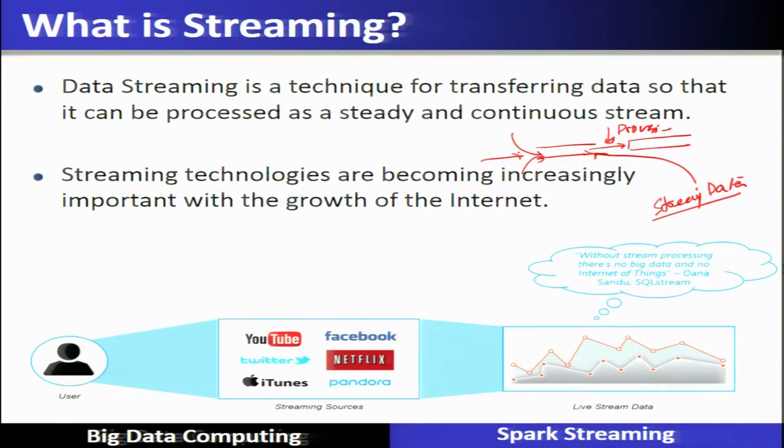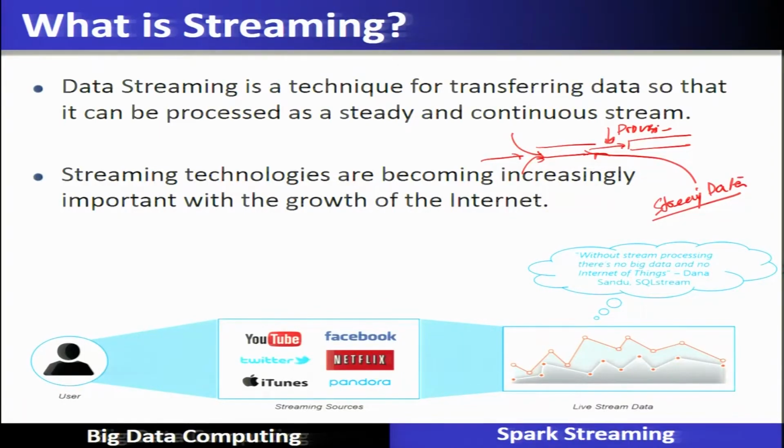Now, the sources which generate streaming data are many. For example, the internet traffic which is flowing is also network streaming data. Similarly, Twitter streaming data can be taken up in some applications. Similarly, Netflix, which is real time online movie watching, also generates streaming data.